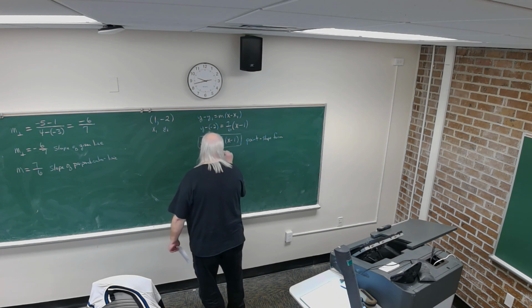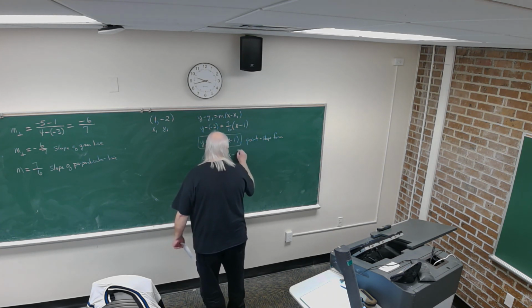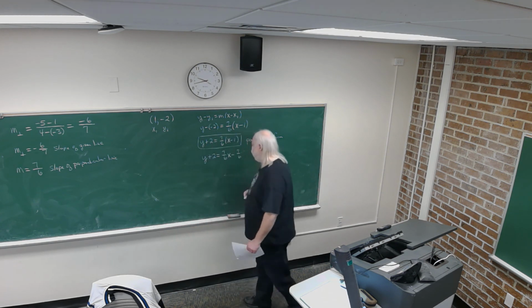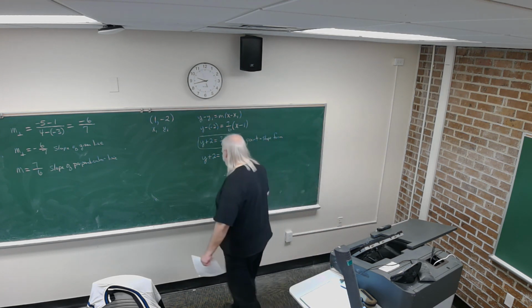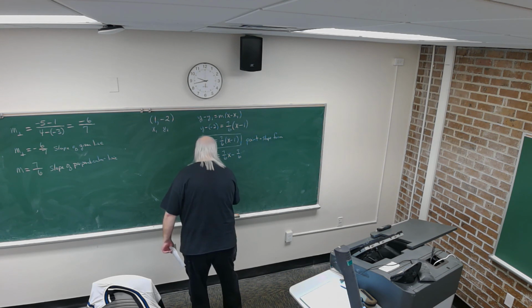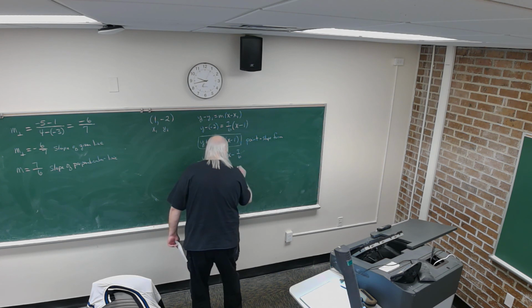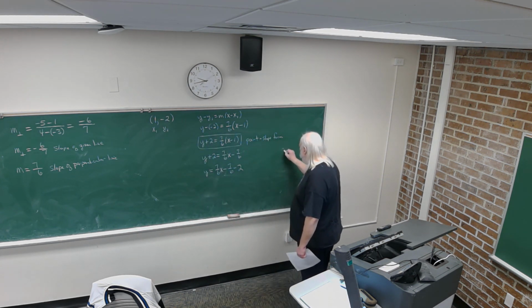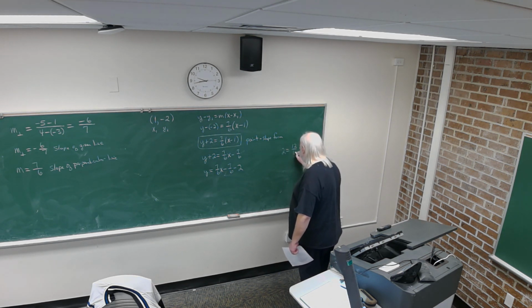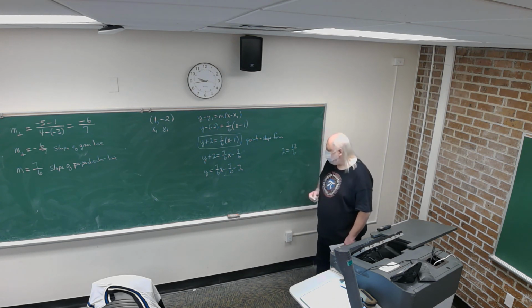So when we distribute the 7/6 inside parentheses, we have 7/6 times x minus 7/6. Now you guys subtract 2 from both sides. We have y is equal to 7/6 x minus 7/6 minus 2. Well, 2 is the same as 12/6, right? 12/6 is the same as 2.